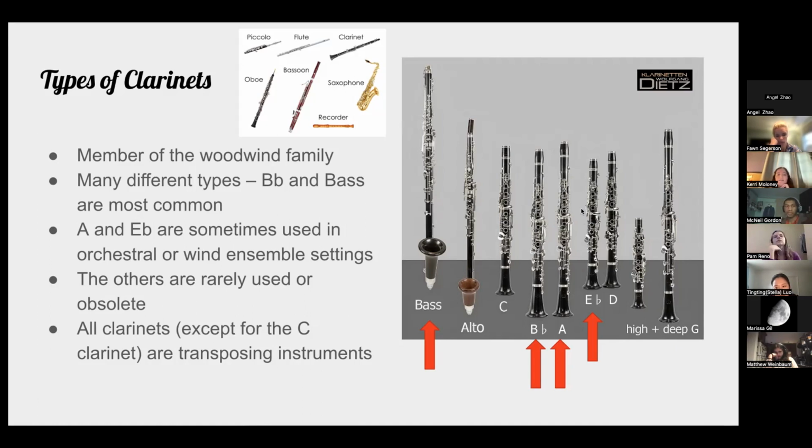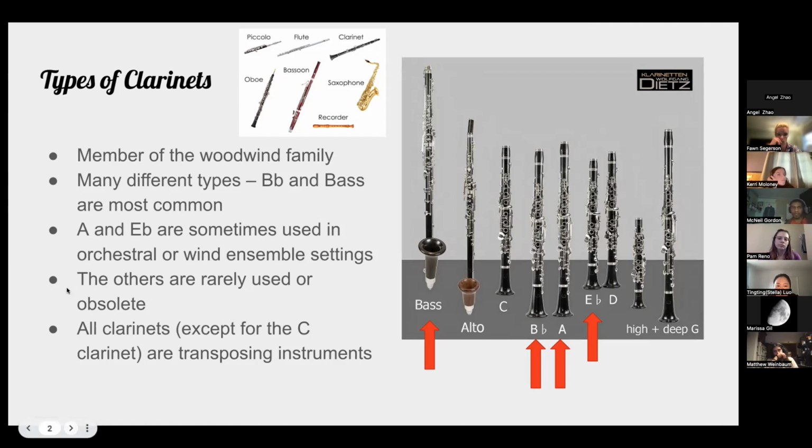You don't really find all the other ones, so the alto, the C, the D, the high G, and the deep G. Most of them are kind of obsolete. And all of these instruments are transposing instruments except for the C clarinet, so I'll talk a little bit about what that means.